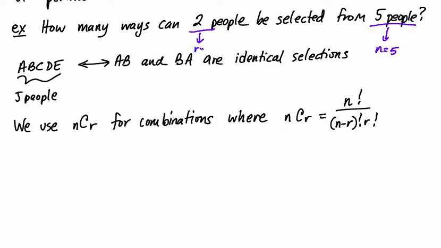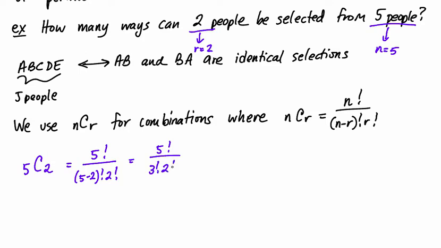So I do 5 choose 2, which is another name for C. Using my notation, that's 5 factorial over 5 minus 2 factorial times 2 factorial, so 5 factorial over 3 factorial 2 factorial.